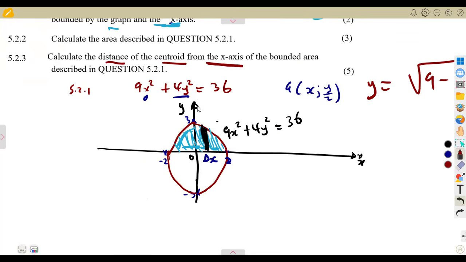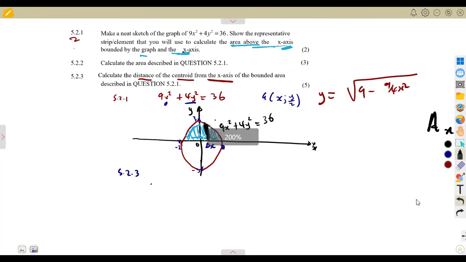From the x-axis. The distance of the centroid from the axis of rotation, meaning we are calculating what? Y bar. From the x-axis, we are calculating Y bar. That is the distance of the centroid.